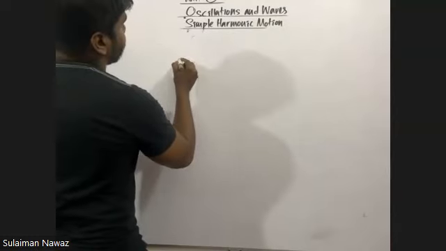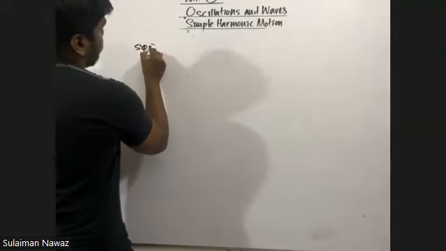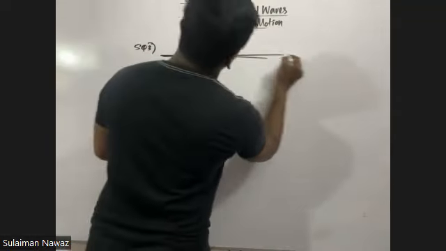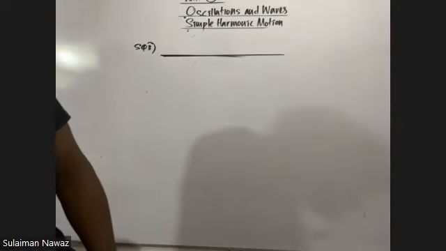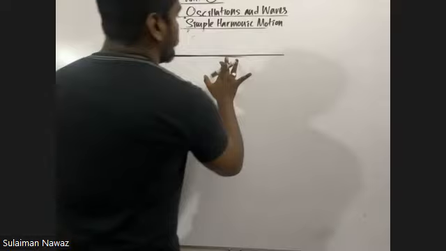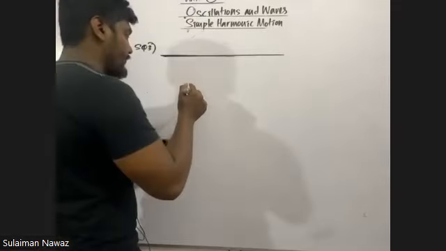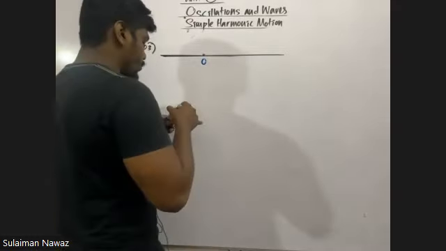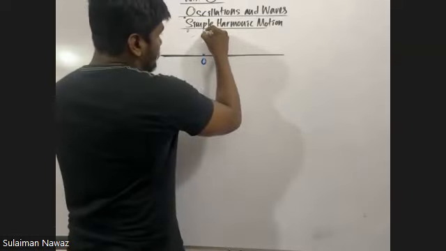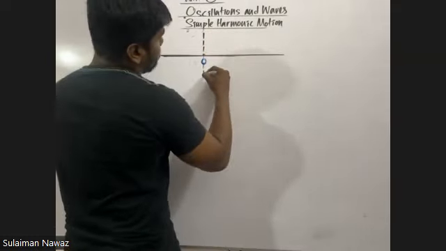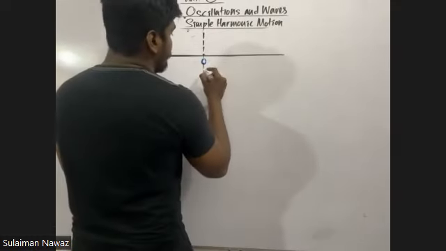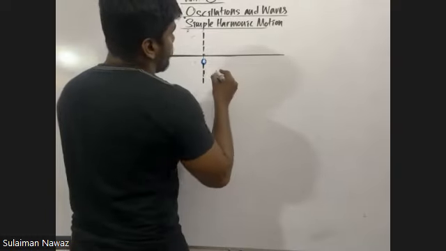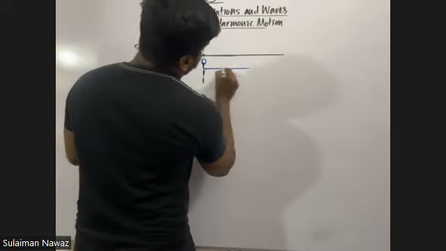Okay, if I draw the diagram, look at it. Let's say this point is the equilibrium point, point capital O. Displacement is 8 centimeters and 6 centimeters.